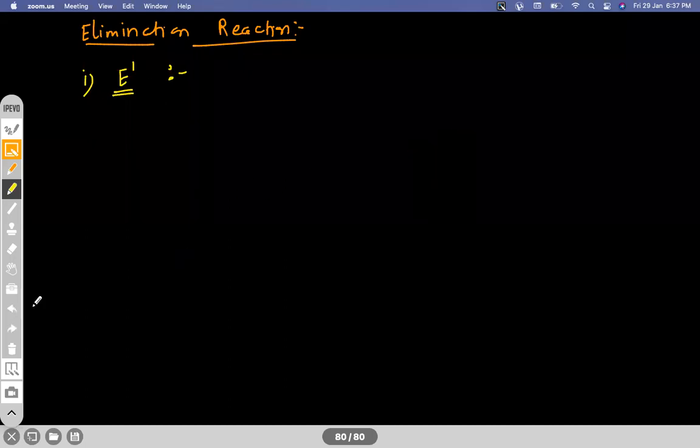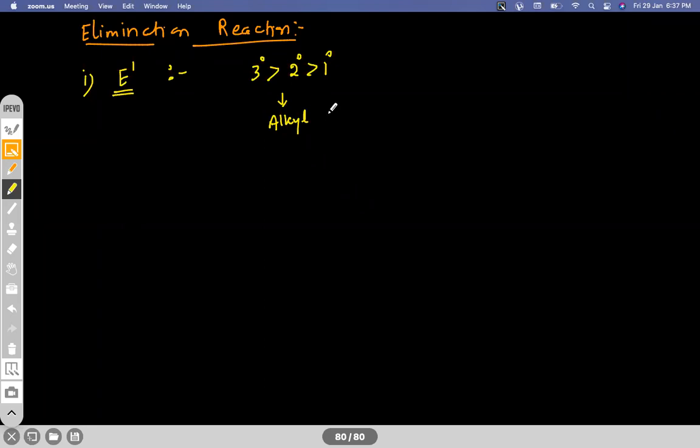The rate of E1 reaction would be maximum in tertiary alkyl halide, then secondary, and then primary. This is the order of reactivity for alkyl halide. Suppose we have a tertiary alkyl halide, for example, CCl with CH3, CH2, one more hydrogen here, and CH3. Tertiary alkyl halide.